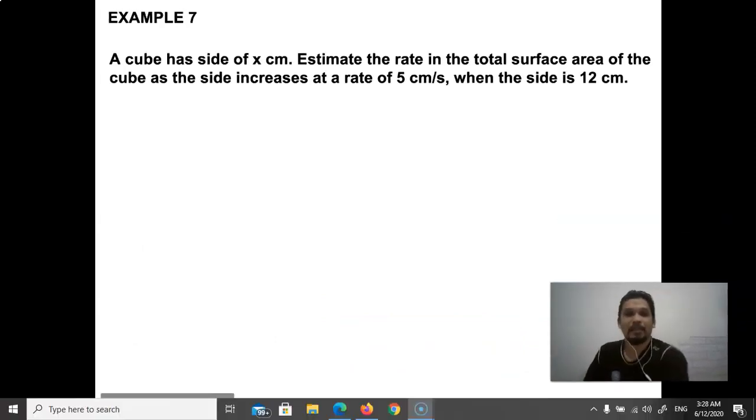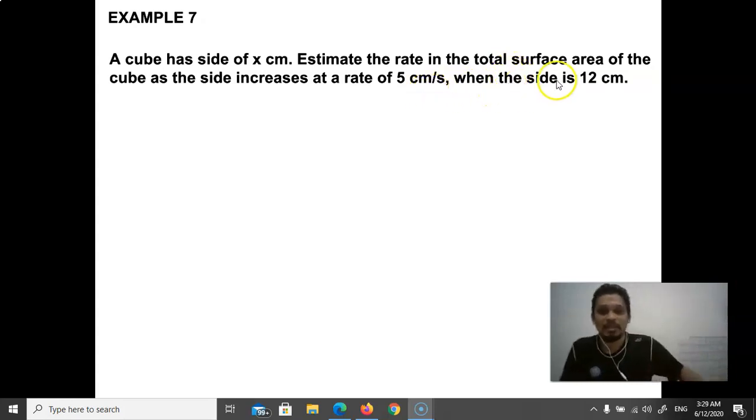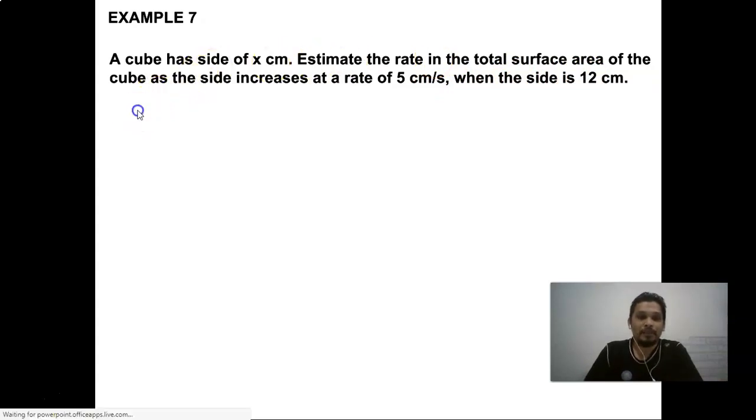Okay, a cube has a side of x cm. Estimate the rate of change of the total surface area of the cube as its side increases at a rate of 5 cm per second when the side is 12. Okay, a cube, a three-dimensional box.